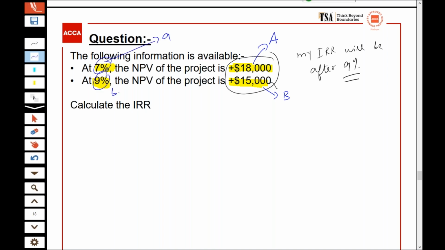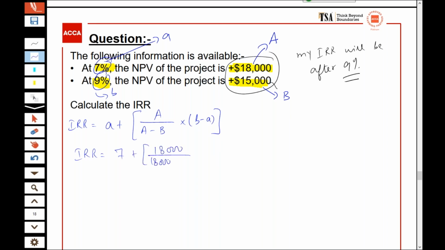A and small b. Okay, now IRR is equal to A plus capital A upon (A minus B) multiplied by (B minus A). That is 7 plus 18,000 upon (18,000 minus 15,000) multiplied by (9 minus 7).